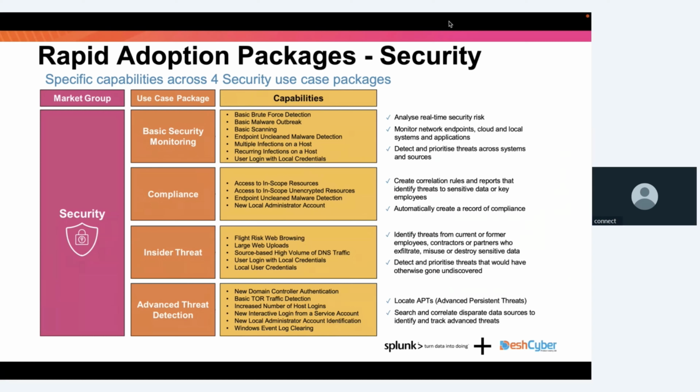Then it also has insider threat, which covers flight risk, web browsing for internal and external, large web upload, source-based high volume DNS traffic, user login with local user credential, and advanced threat detection, which is ATD: the new domain controller authentication, basic Tor traffic detection, increased number of host logging, and so on and so on.